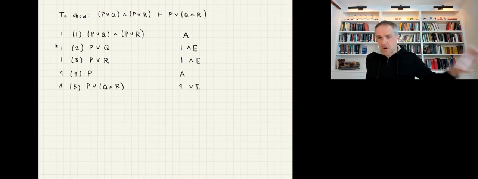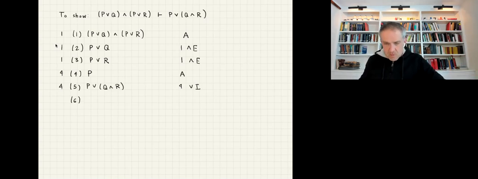Okay, so that deals with anything where P is true in the first case: the conclusion is true. So we only need now to look at where Q is true in the first disjunction. So suppose now Q, that's again an assumption.